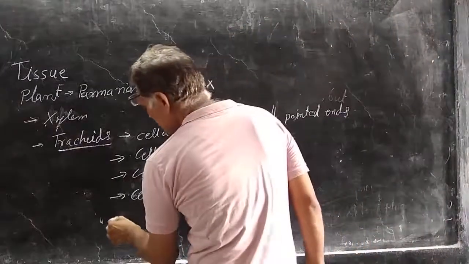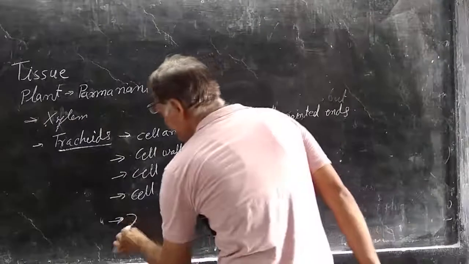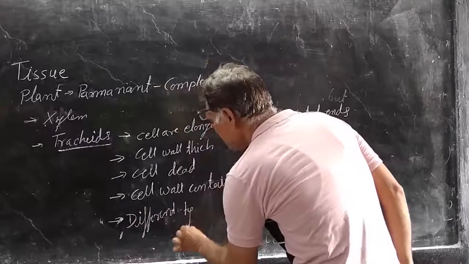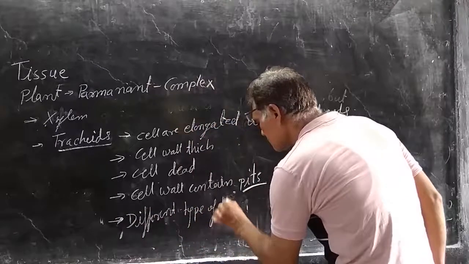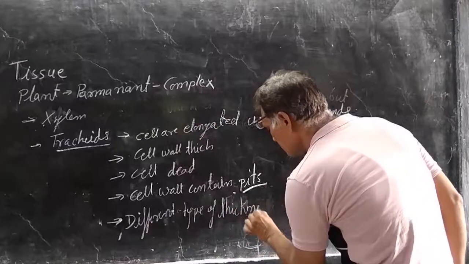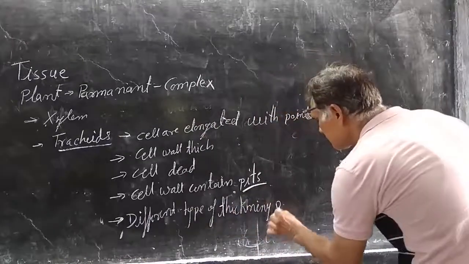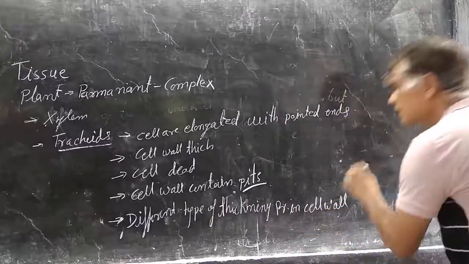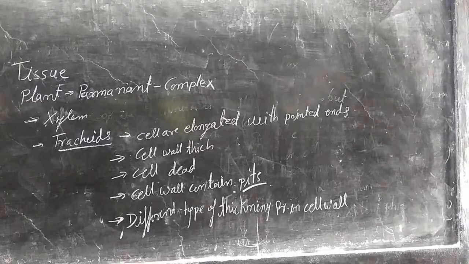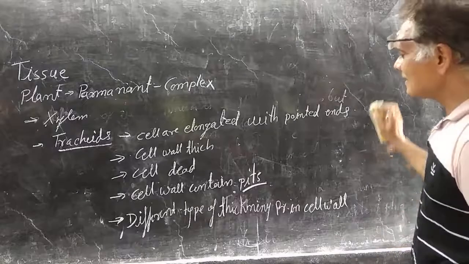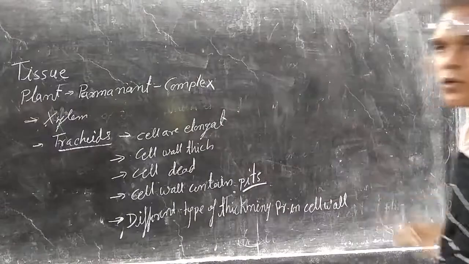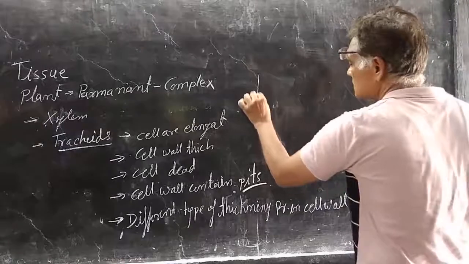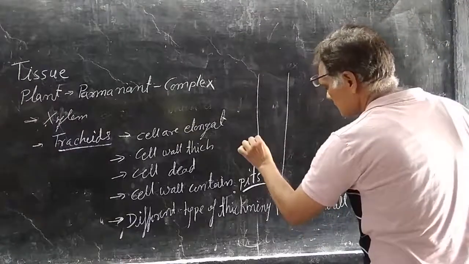Different types of thickening are present in the cell wall. सेल वॉल में अलग अलग तरह की थिकनिंग होती है. What is thickening? Thickening just means it becomes thick, their thickness will be increased. Suppose these are the tracheid cells, elongated cells.